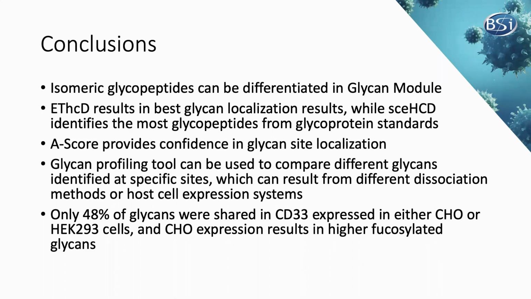And the glycan profiling tool can be used to compare different glycans, identify specific sites that result from differences in dissociation methods or host cell expression systems. And in the CD33 case study, only 48% of the glycans were shared. And in CHO, we saw a higher level of fucosylated glycans.